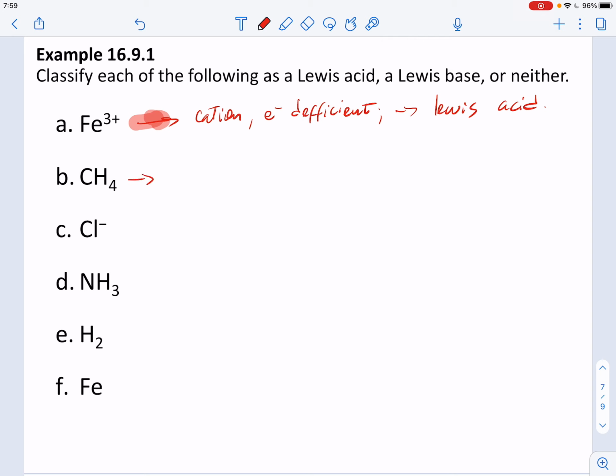Now we have here methane, this CH4. And if you write the Lewis structure for CH4, we have that. The first thing that we recognize here is that you don't have lone pairs. And with no lone pairs, it's not a base.